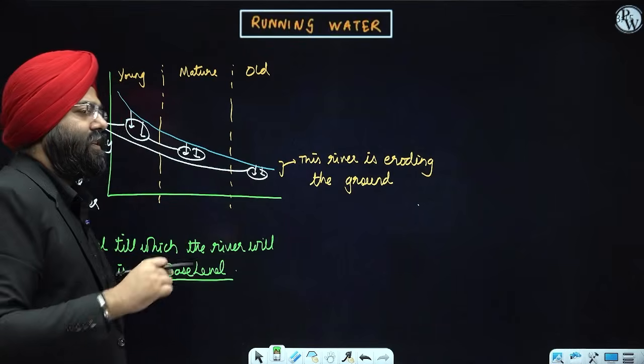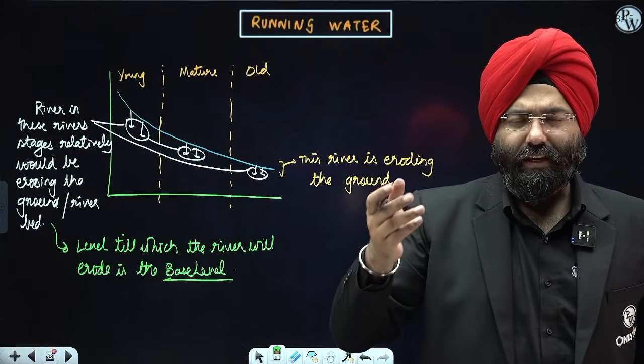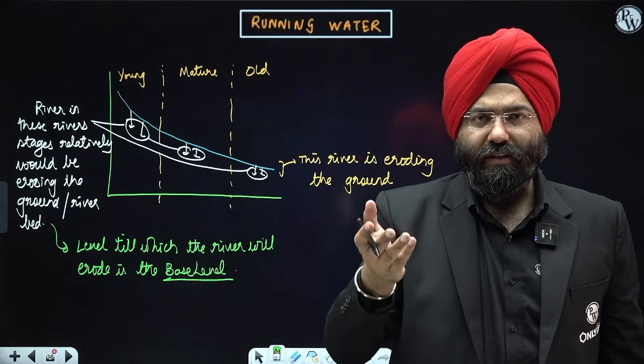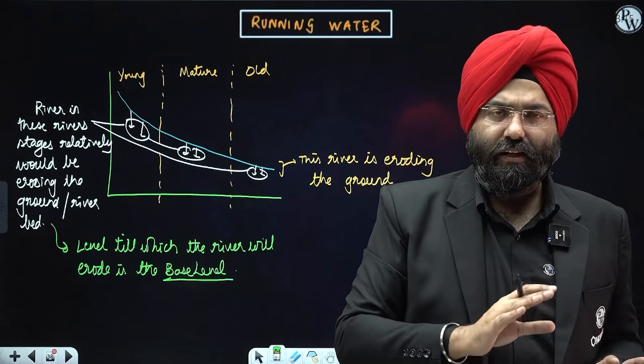What is the ultimate base level? The ultimate base level is sea level. Can a river erode beyond the sea level? No, because that is the maximum extent that it can erode.